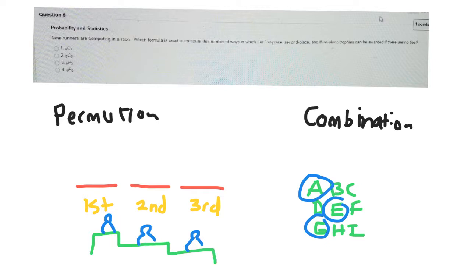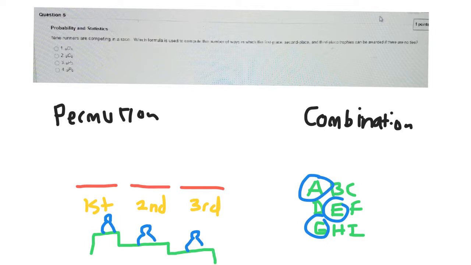imagine we listed it in a different order. Well, it's the same winners, but it is not the same situation. Because even though it's the same group of 3 winners, when you change the order that they're listed in this scenario, in this hierarchical structure scenario, everything changes.